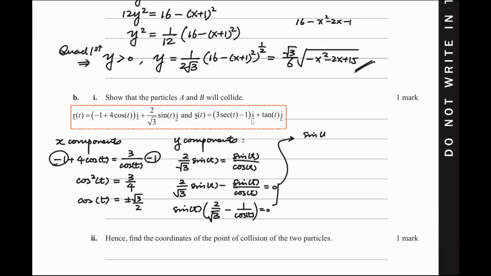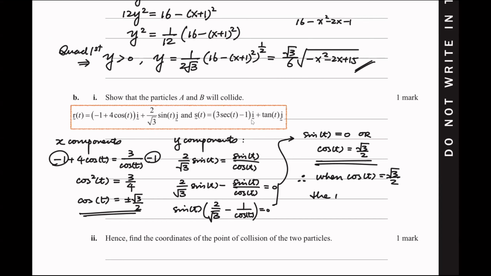So there are two possibilities. Sine t equals 0 or cosine t equals root 3 on 2. And this results in a common solution to the first equation. We make a conclusion. Therefore, when cosine of t equals root 3 on 2, the collision will occur, okay?